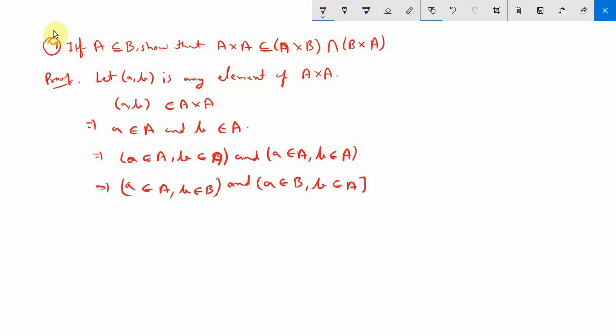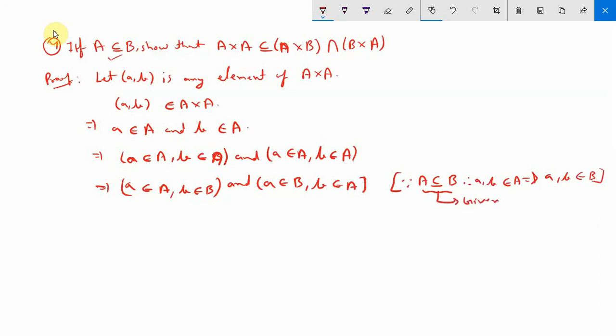Why are we writing this? Since A is a subset of B, therefore if AB is an element of A into A, it implies that A, B are also elements of B, and this relation is given. Okay, it is given.